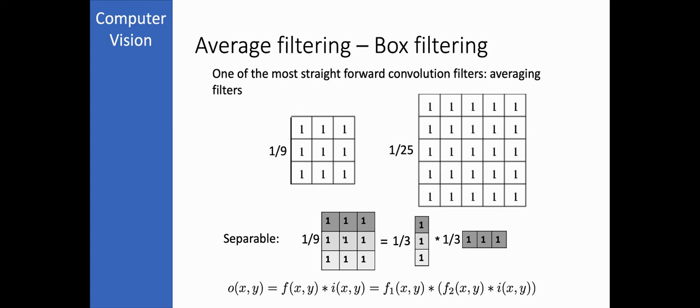This is very nice, because convolving an image with this kernel is exactly the same as convolving it first with this and then followed up with this, because convolution is associative. That's quite nice because convolving with a one-dimensional filter is so much more computationally efficient than convolving with a 2D filter. So there are some advantages of box filtering even.